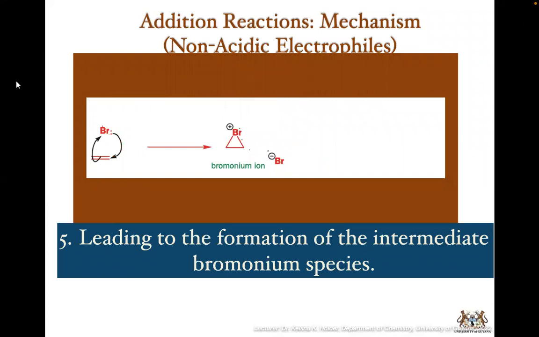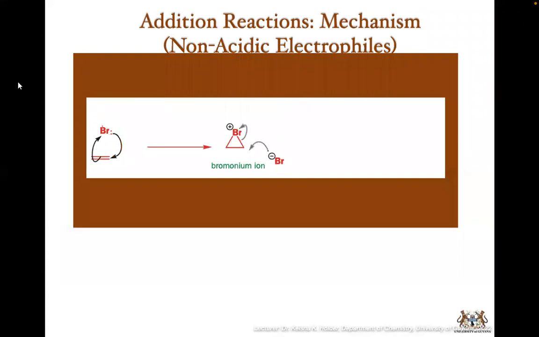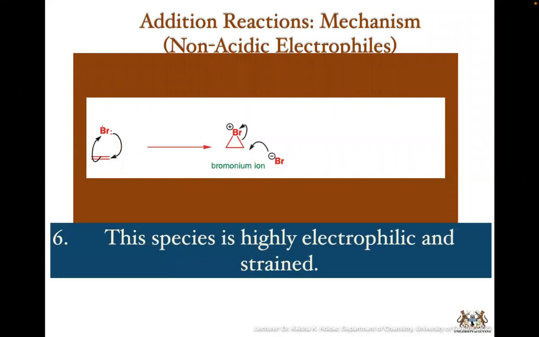So what we have at this point is a highly strained species in the bromonium ion, right? And so you can see, if you remember from your first year chemistry, that this is not just electrophilic in the sense of the formal charge of +1 being present.